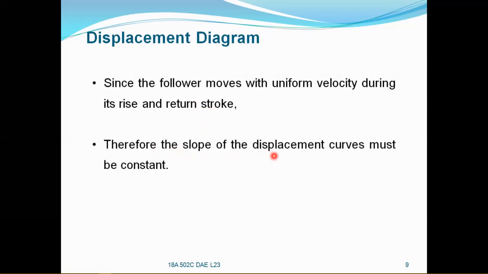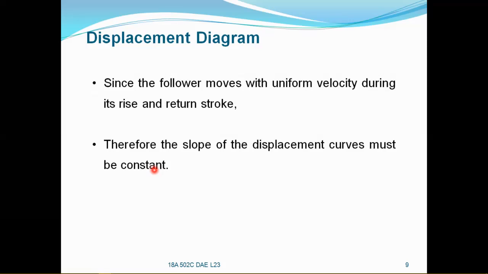Therefore, the slope of the displacement curves must be constant in case of uniform velocity, because the follower is moving with uniform velocity. That means the displacement diagram has a constant slope.